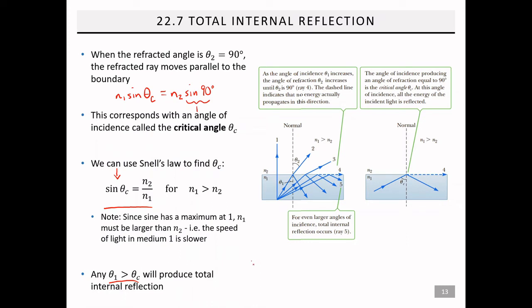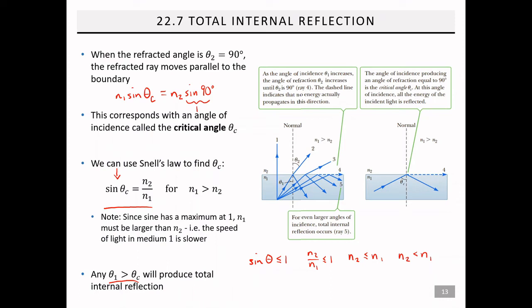So the sine of theta will always be less than or equal to 1. If the left-hand side of the equation is less than or equal to 1, the right-hand side of this equation also has to be less than or equal to 1, since they're equal to each other. If I rearrange this, I get n2 less than or equal to n1, and then I can actually drop the equality, because you do not get total internal reflection if the two mediums have the same index of refraction.